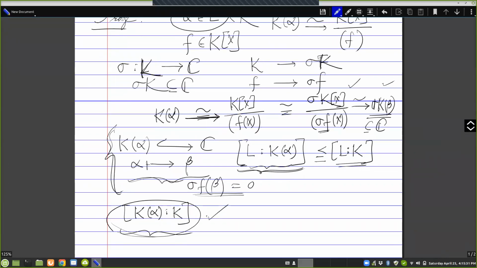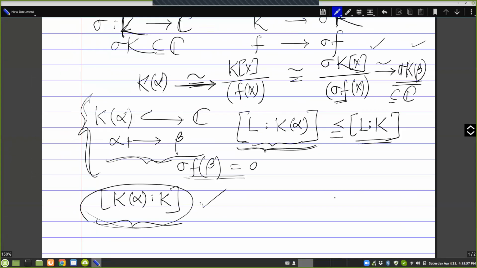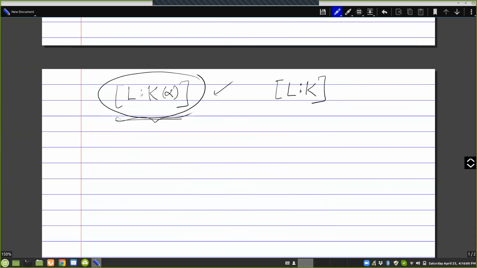If we consider any extension of sigma on k alpha, then the image of alpha must be a root of this, and therefore it has already been counted in the list of extensions that we have considered. So these are all the extensions of any embedding sigma of k to L.